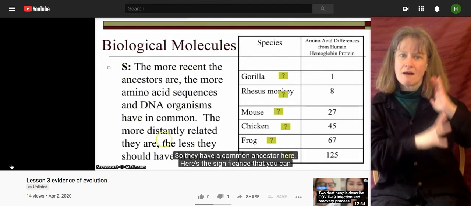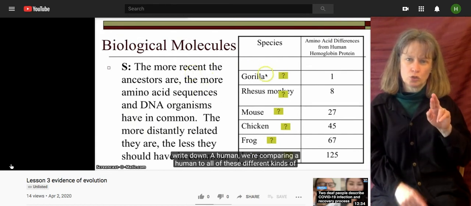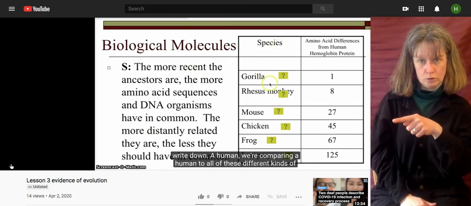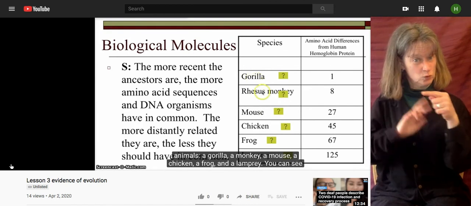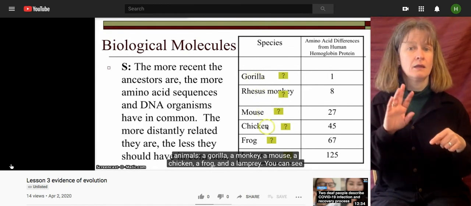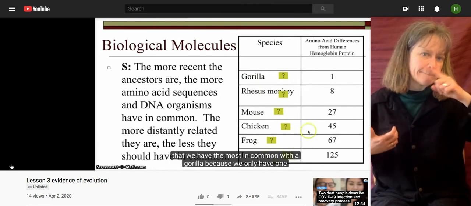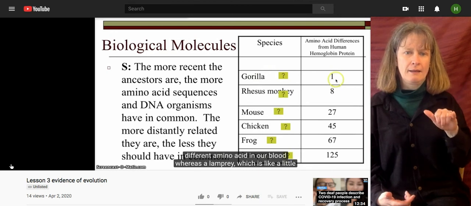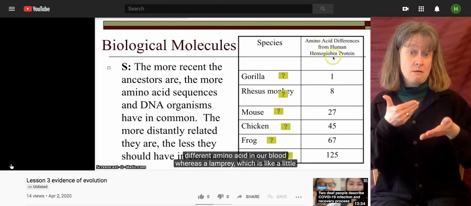Here's the significance that you can write down. We're comparing a human to all of these different kinds of animals: a gorilla, a monkey, a mouse, a chicken, a frog, and a lamprey. You can see that we have the most in common with a gorilla because we only have one different amino acid in our blood.